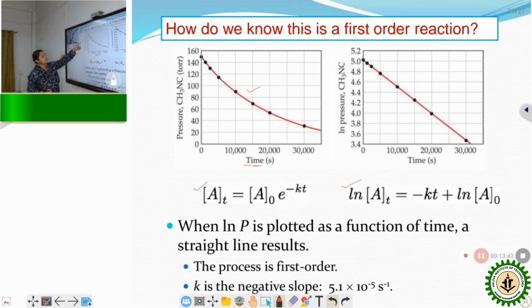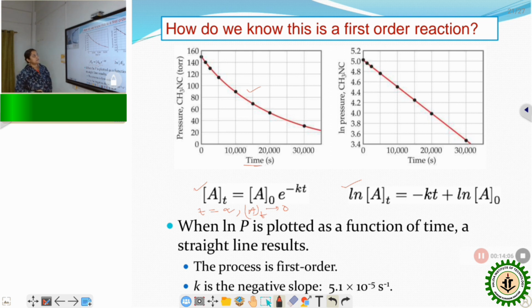And also from this experimental data we can say that the concentration At will only be 0 at t = infinity. That means the first order reaction is a never ending reaction.